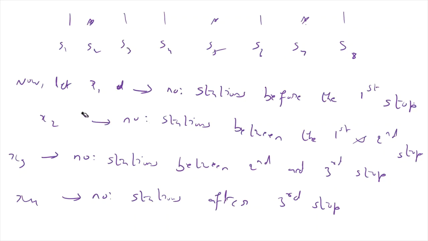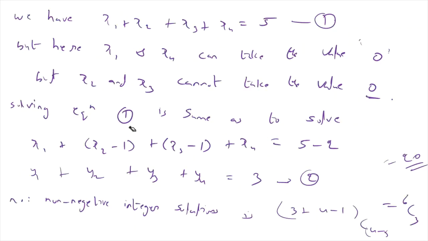Now let x1 denote the number of stations before the first stop, x2 denote the number of stations between the first and second stop, x3 denote the number of stations between second and third stop, x4 denote the number of stations after the third stop. But here there is a catch. The catch is x1 and x4 can take the value 0.